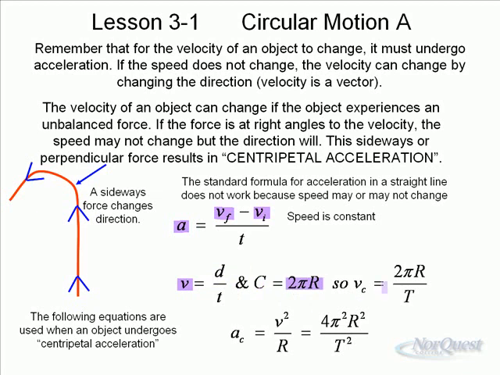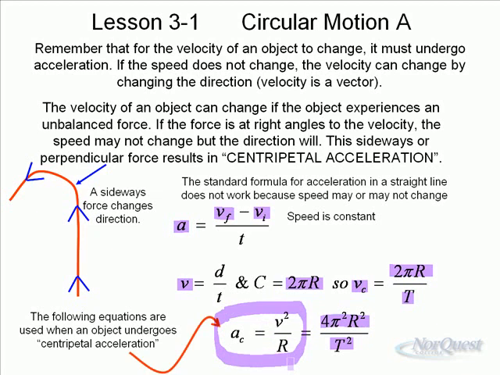So if we basically say that the velocity of an object is the time it takes to go in one complete circumference, we can then derive the formula that the acceleration must be equal to either 4 pi squared r over t squared or v squared over r. So this is our standard equation for centripetal acceleration. So the velocity will remain the same, but as the object goes in that circular path, it is accelerating towards the center of the circle.